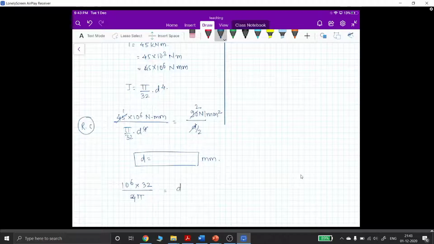So 10 to the power 6 into 32 divided by 4 divided by pi, so d will be equal to 136.56 mm.